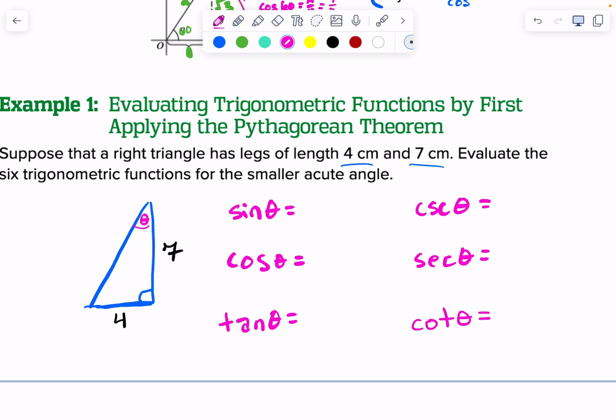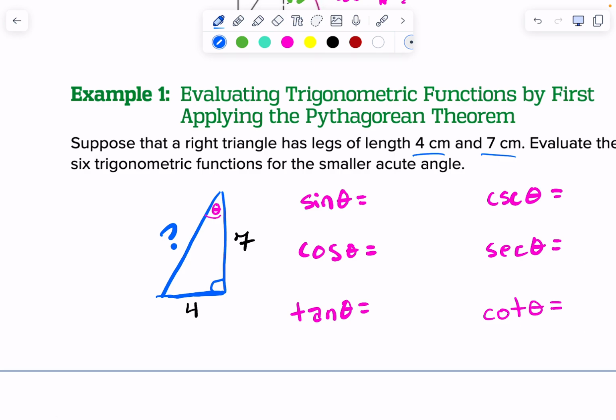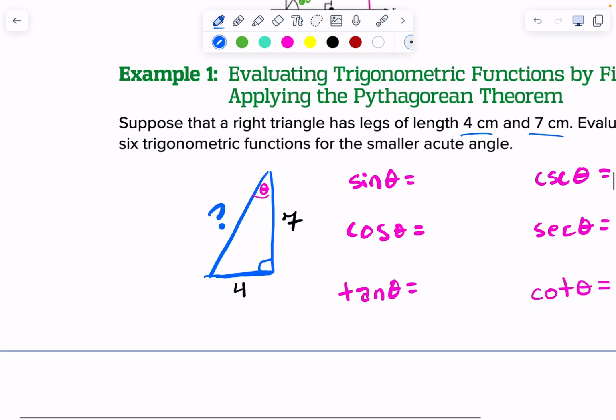Reese just asked, do we have to find the third side? That's 8.06. No, hold on. We're going to leave it as the square root of whatever. So we have to do the Pythagorean theorem. That's side C, the one that we don't know. 4 squared is 16, 7 squared is 49.